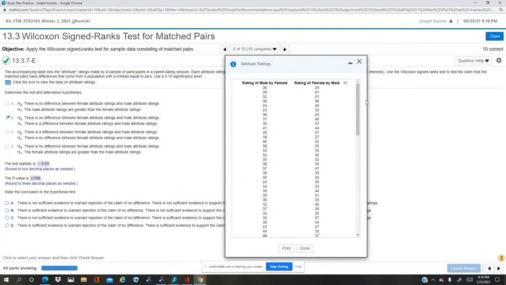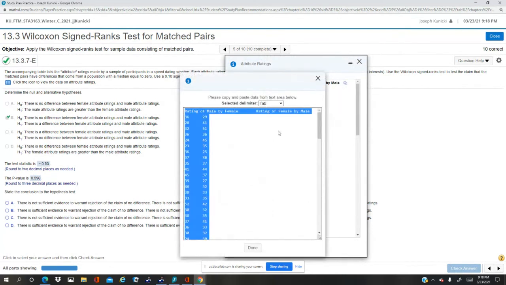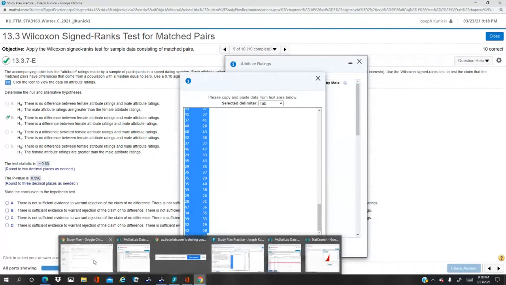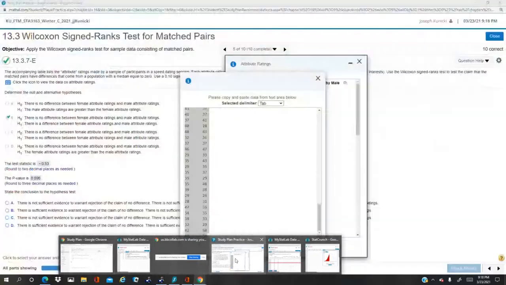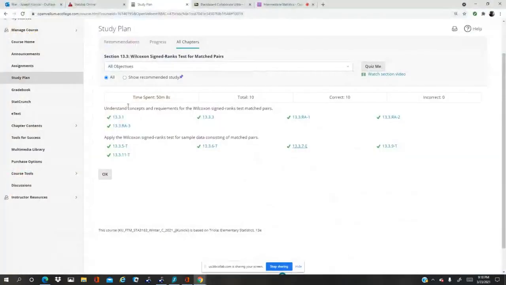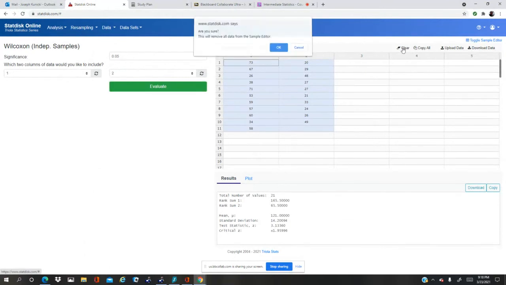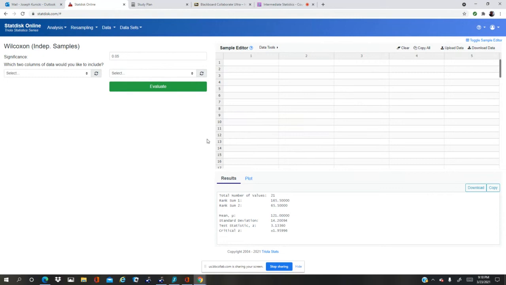Now, before I go any further, I want to show you another way to do this, with StatDisk. If I open this to a clipboard and highlight just the data, I don't need the top, Control C, and then I go to StatDisk. You can download StatDisk 13; just Google it and load it up on your computer.